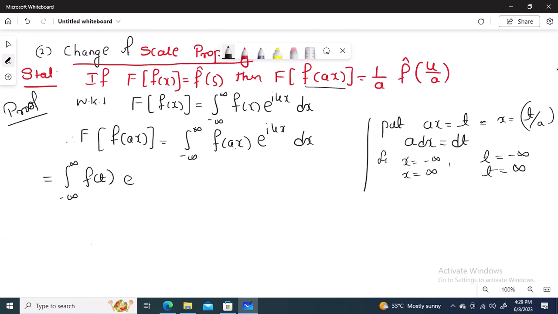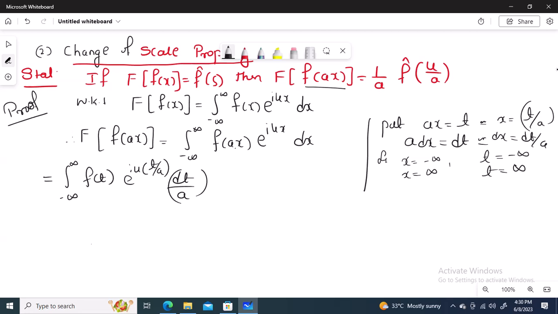So I need to remove this x also. The iu stays as it is, x should be replaced by t by a, into dx. Now a dx equal to dt means dx equal to dt by a. That I have to write as dt by a.